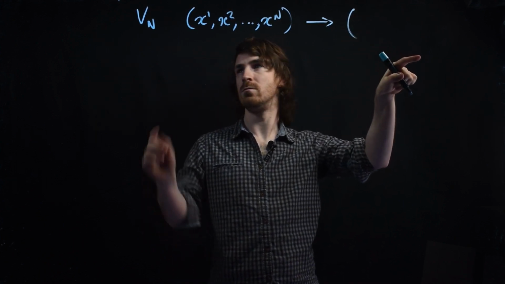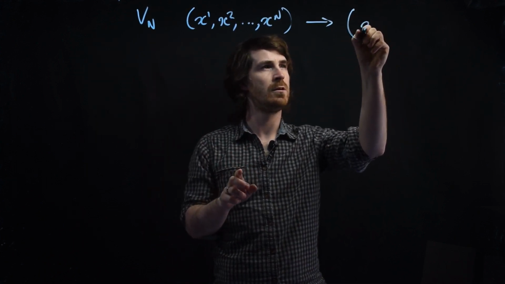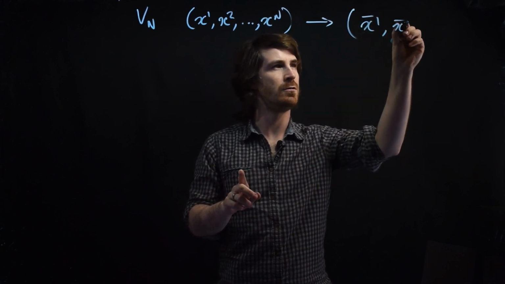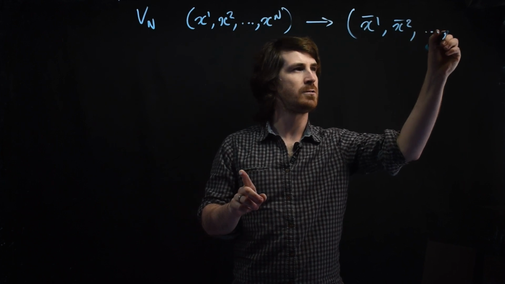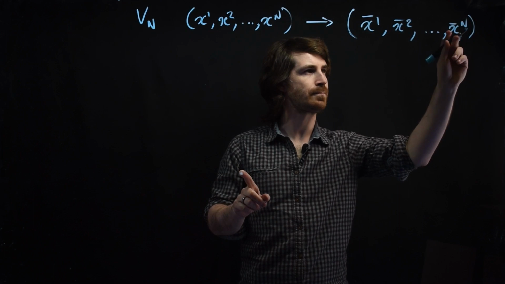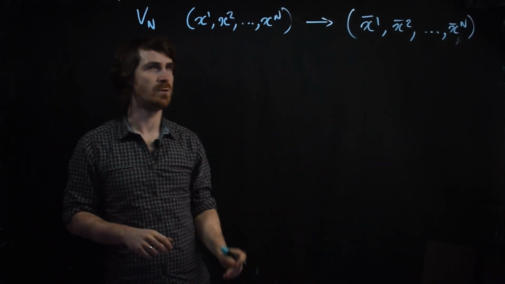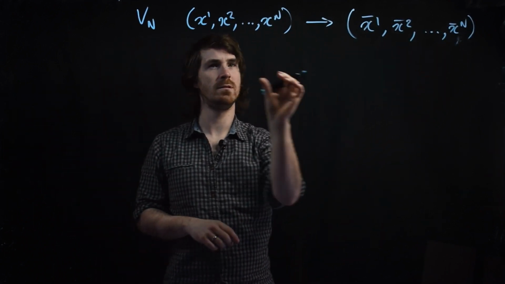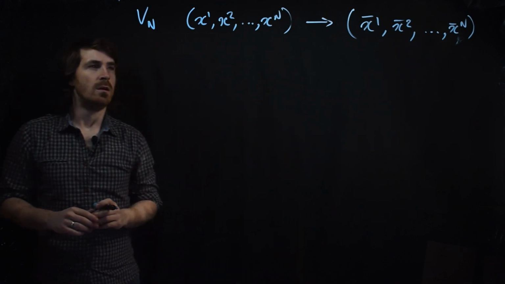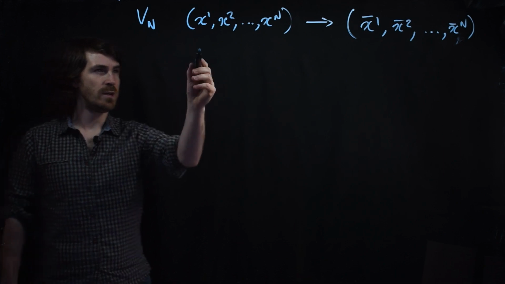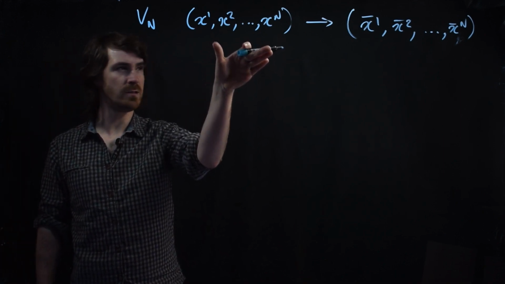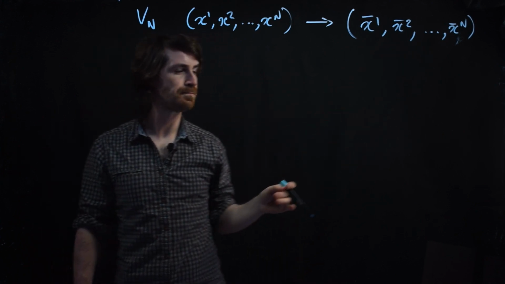It's also an n-dimensional coordinate system, and let's call it x1 bar, x2 bar, up to xn bar. Okay, so we have two different sets of n-dimensional coordinates. And we're interested in transformation of coordinates from the unbarred system to the barred system.